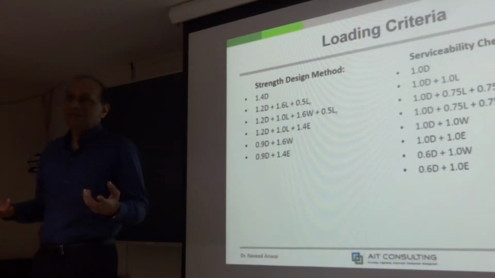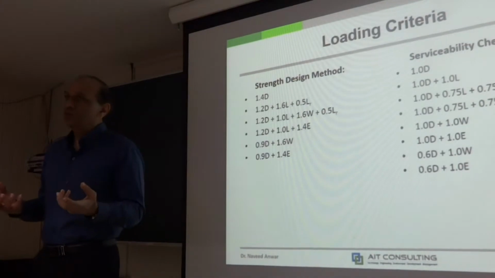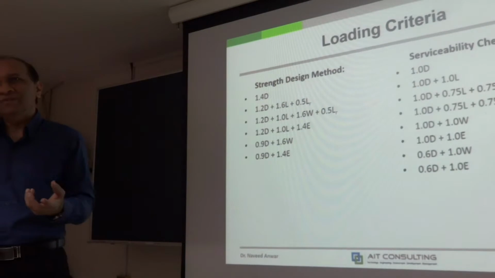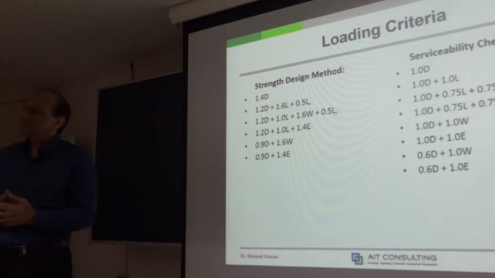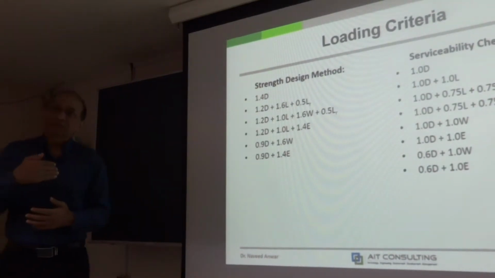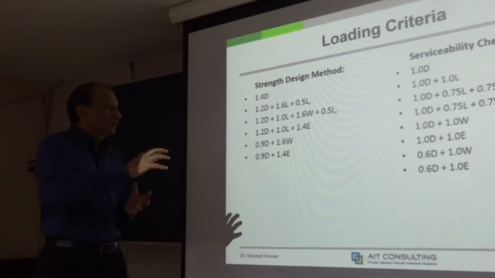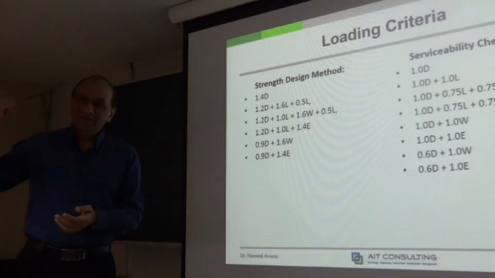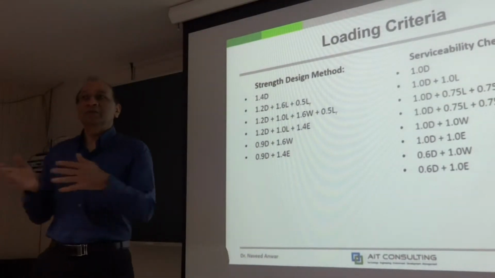And both of them claim to be right. By definition, two things cannot be right if they are different. One has to be wrong and one has to be right, or both of them have to be wrong. So that is a challenge because the codes do not seem to agree yet on which way to go on the load factors. That is why, in the first lecture, I told you we don't believe the codes so much.